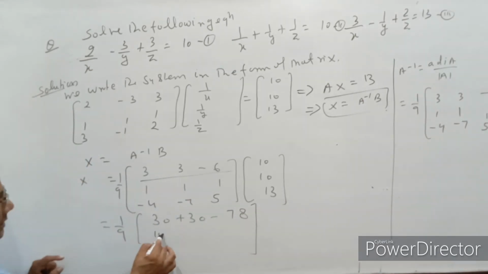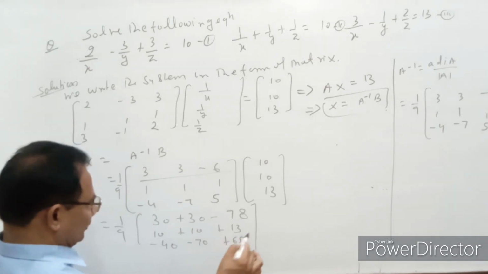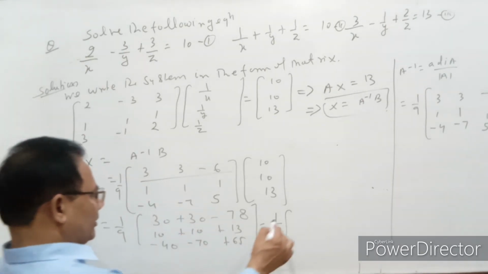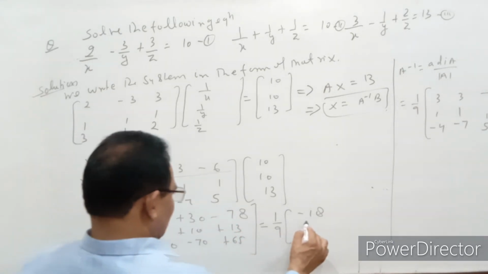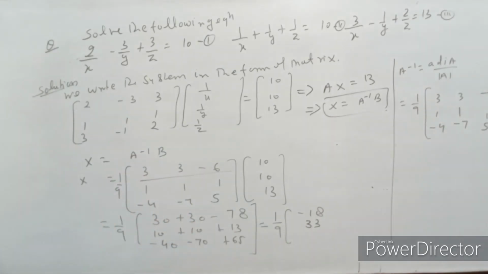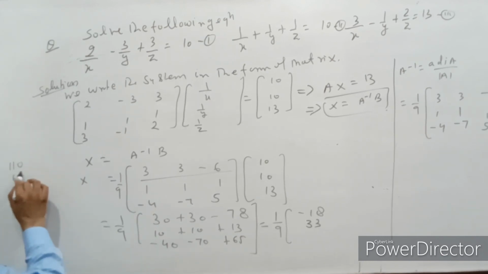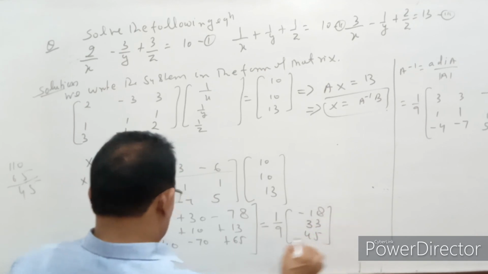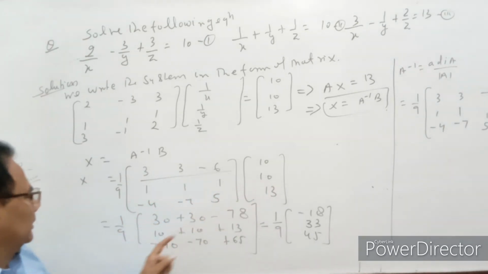Now 10 plus 10 plus 13, minus 40 minus 70 plus 65, is equal to 1/9. 30 30 60 minus 80, that is 20, and this is 13, 33 or that is 110, minus 65, 5, or 10 minus 6, 45, that is 45. Again you see that is 1, or this is 10.